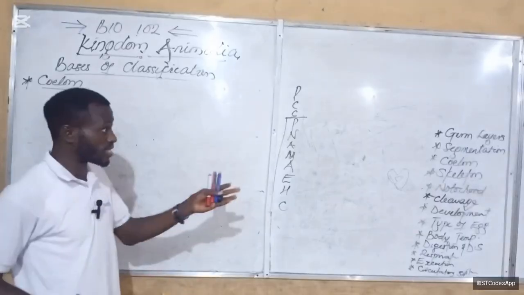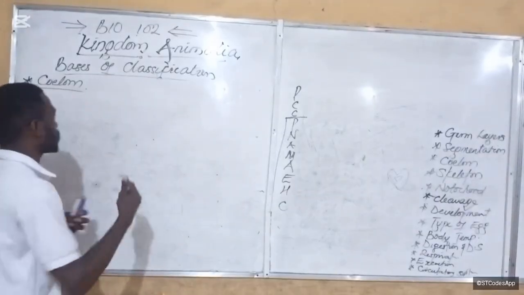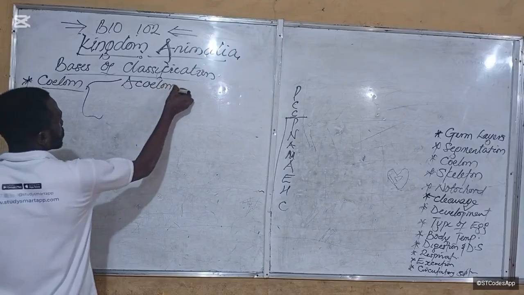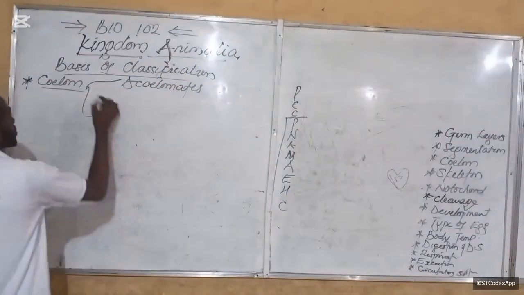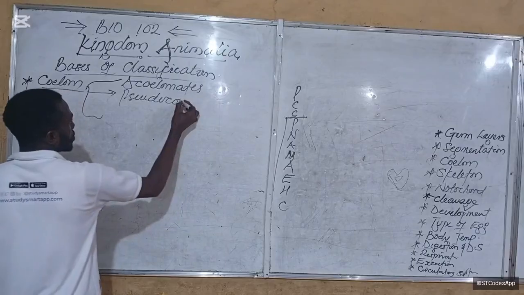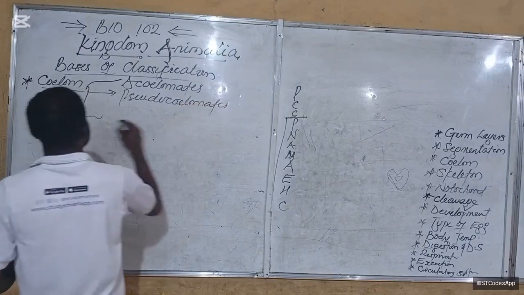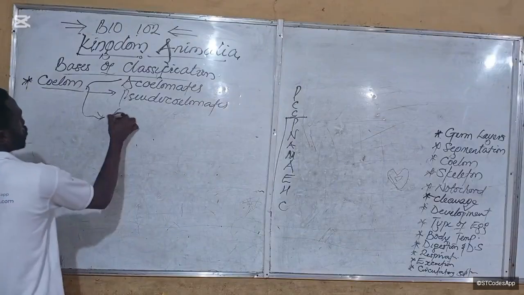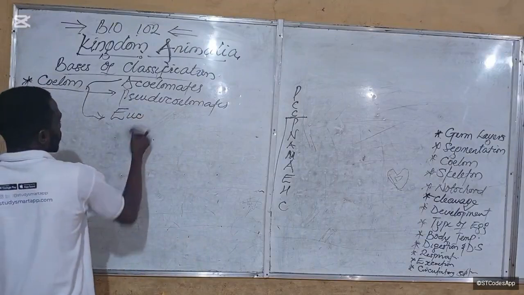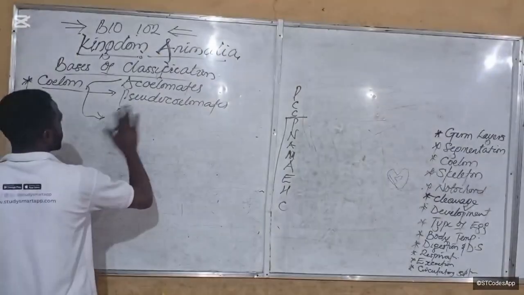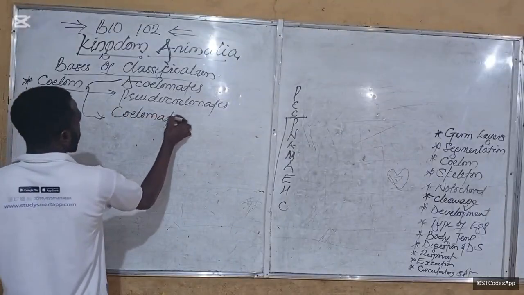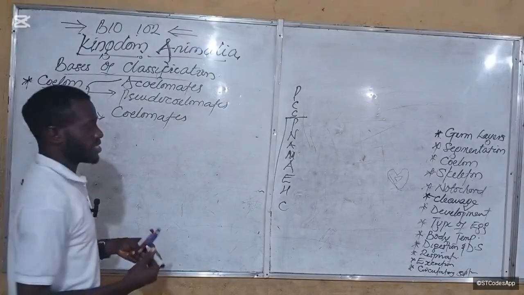Based on body cavity, we classify organisms into three: the acoelomate organisms, the pseudocoelomates, and the eucoelomates, or coelomates. The word "eu" means true, so we can say eucoelomates as well.